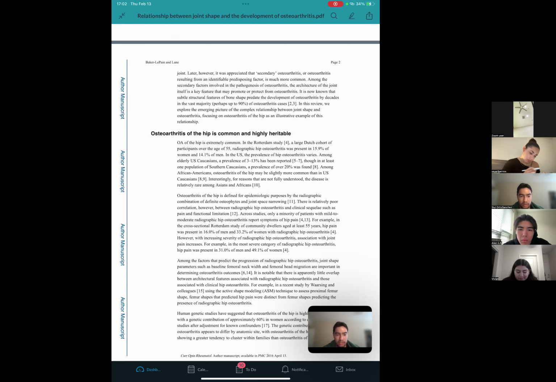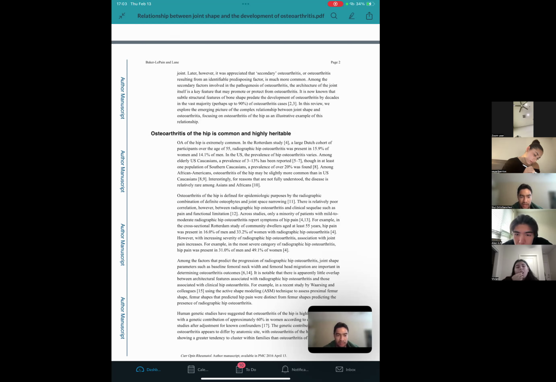Among elderly US Caucasians, a prevalence of 3 to 13% has been reported, while in at least one population of Southern Caucasians, a prevalence of over 20% was found. Among African Americans, osteoarthritis of the hip might be slightly more common than in US Caucasians. Interestingly, for reasons that are not fully understood, the disease is relatively rare among Asians and Africans.